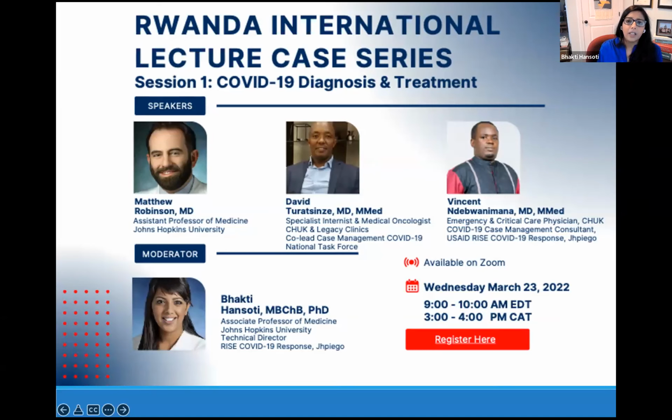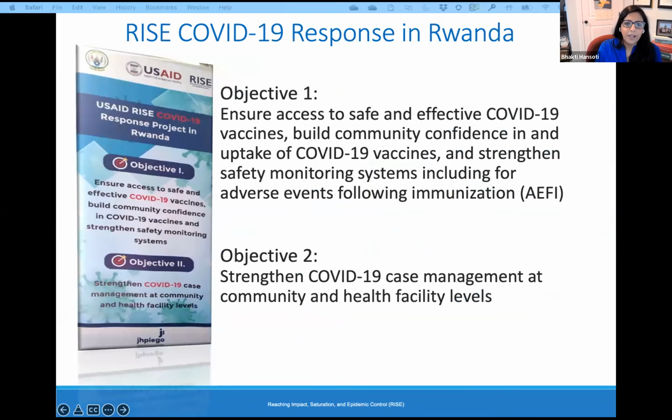The second is oxygen ecosystem strengthening. And the third is vaccinations. And we have experience from everywhere from Afghanistan to India to Mozambique. And we are honored to be on this journey with our colleagues in Rwanda who are doing a phenomenal job. The RISE Rwanda team in particular is focused on 2 objectives. The first is supporting the rollout of COVID vaccinations, and the second is strengthening COVID-19 case management.